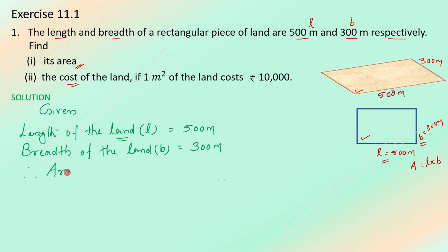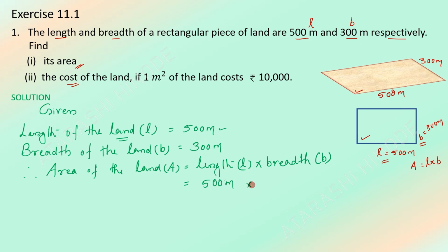Therefore area of the land equal to, we know the formula, it is length into breadth, that is equal to, here length is 500 meter, 500 meter into breadth is 300 meter.